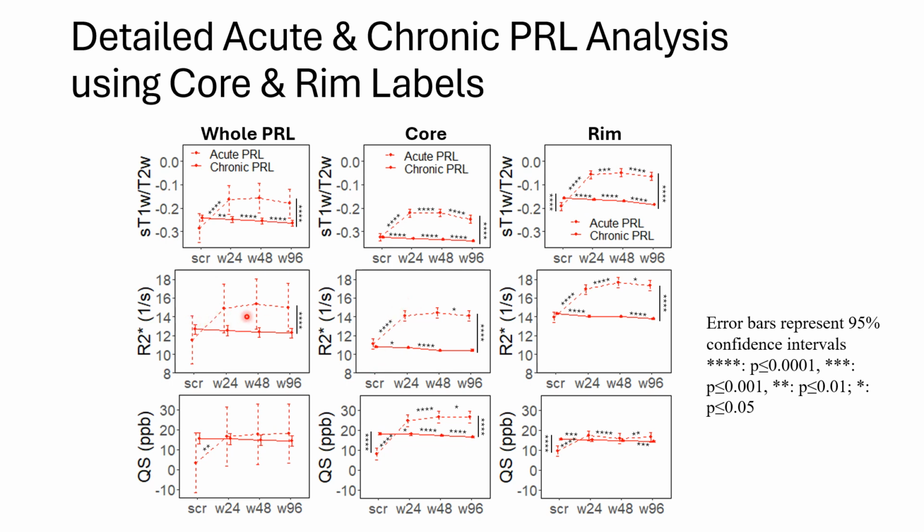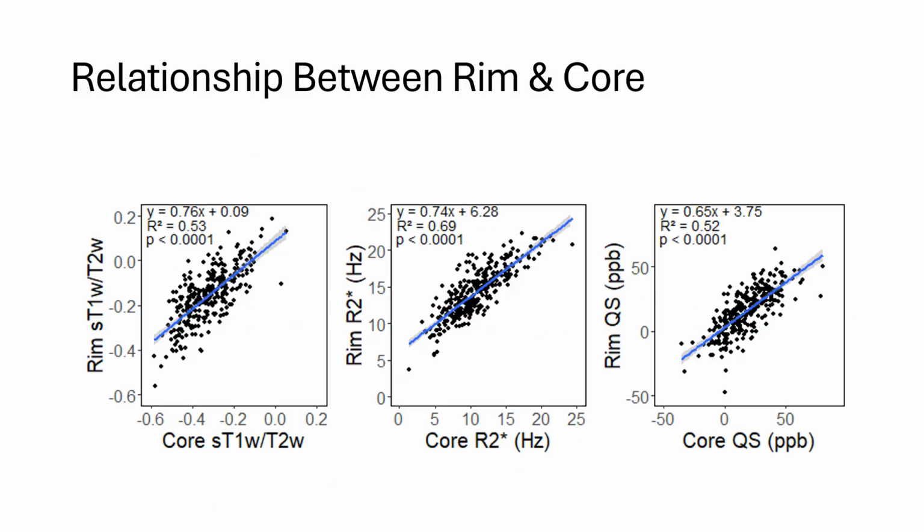For example, you can see this prominently in the R2-star analysis in this slide. Also, we found significant correlation between rim and core using all three parameters we employed, which indicates an interdependence between rim and core PRL biology.